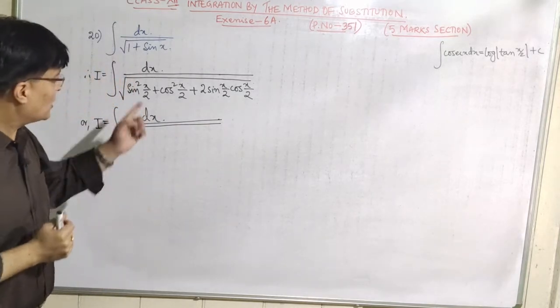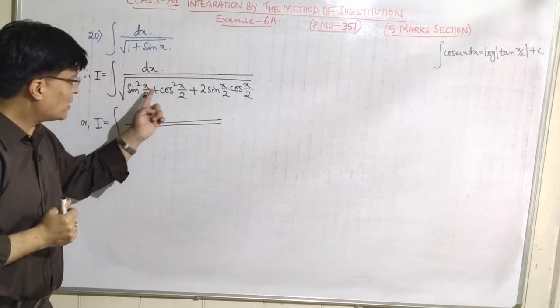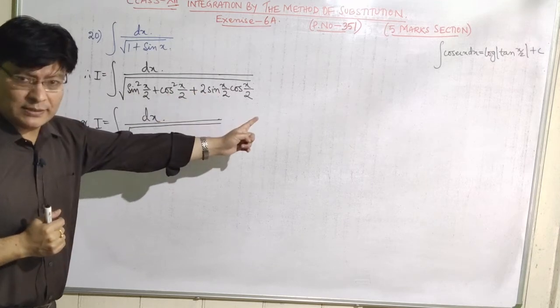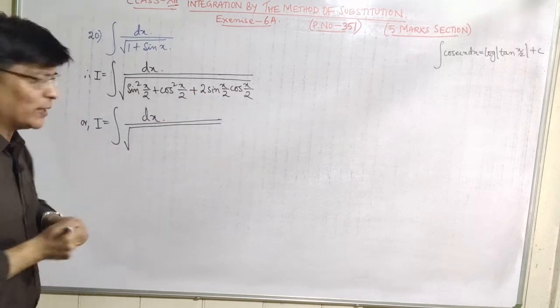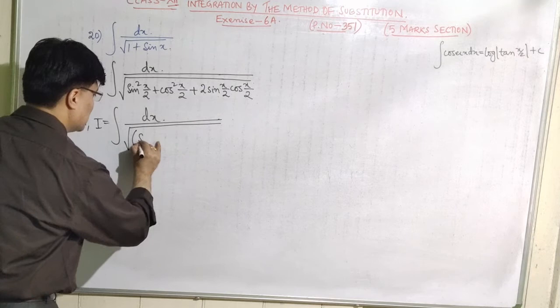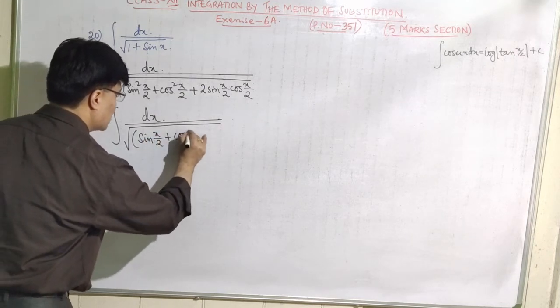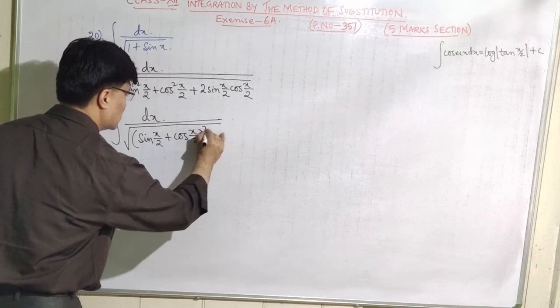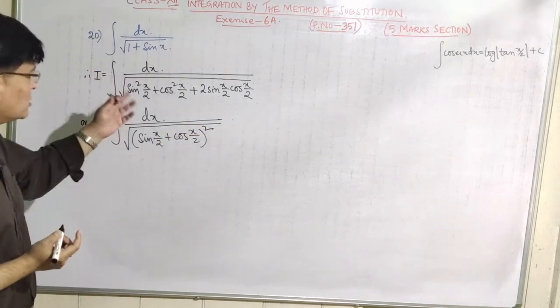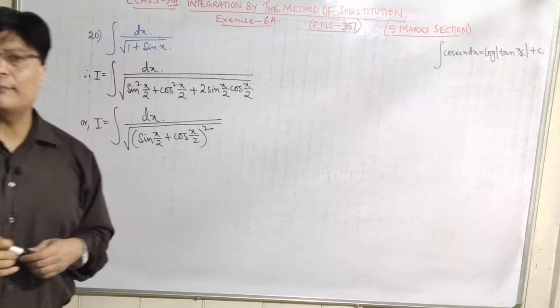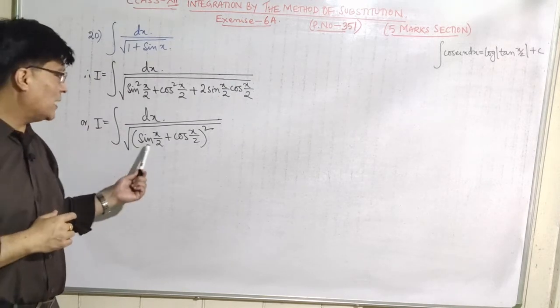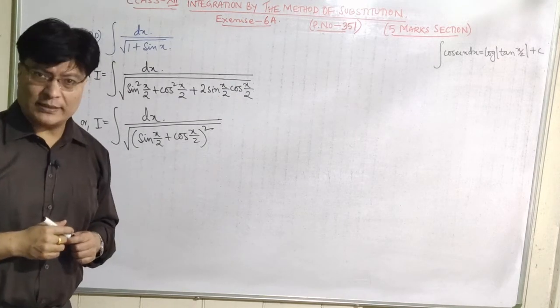So I is equal to integration of dx divided by within square root. What is the formula that you can use here? A square plus b square plus twice ab. That is your a plus b whole square, right? So it is sine x by 2 plus cos x by 2 whole square. So that is your a square plus b square plus twice ab, which is equal to a plus b whole square.